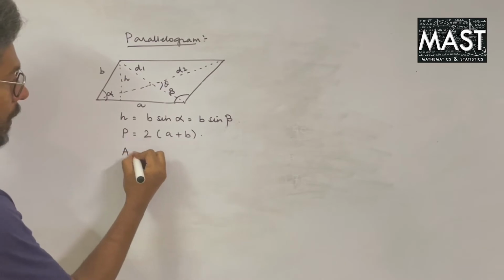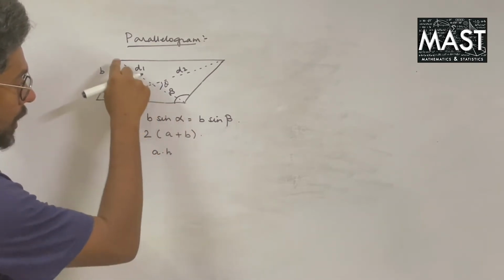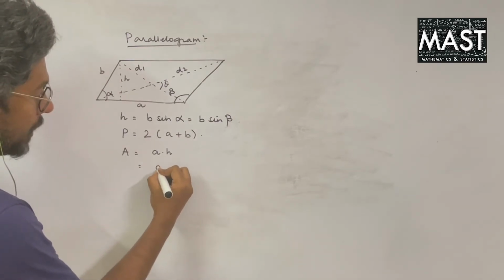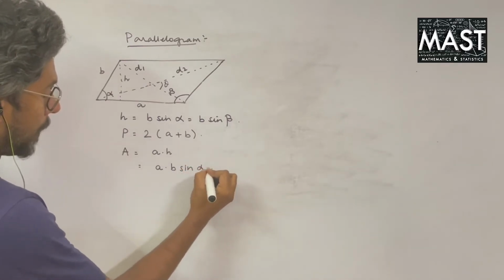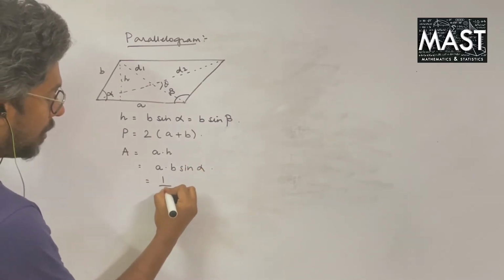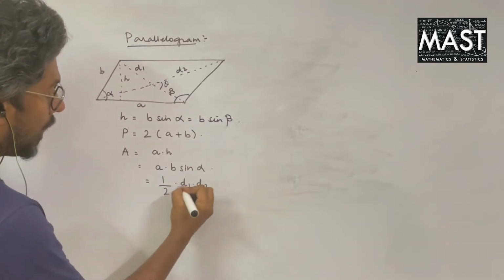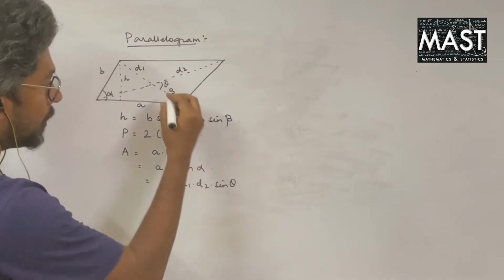The area would be either a into h, which is the base into the height, or it will be given as ab sine alpha, or half into the product of the diagonals, that is half into d1 into d2 into sine theta, which is this angle.